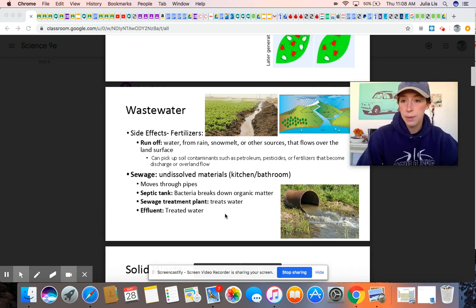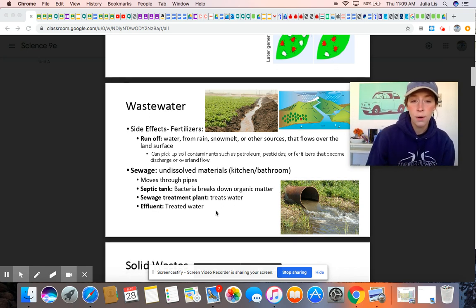So all the waste that we dispose of every time we're flushing the toilet or turning on the tap, a majority of that is ending up in septic tanks or in some type of sewage treatment plant where we clean and filter and take care of the water. Okay? And so effluent water is a term that we use for treated water, so it's clean.